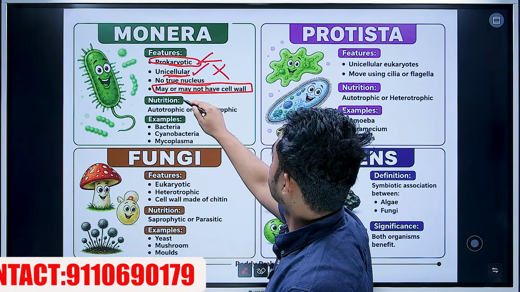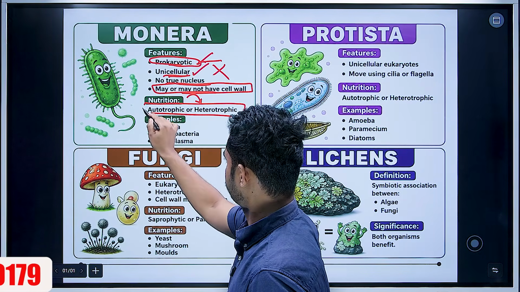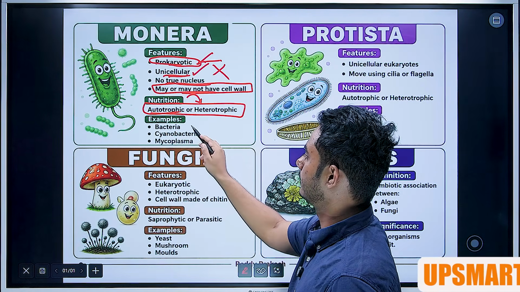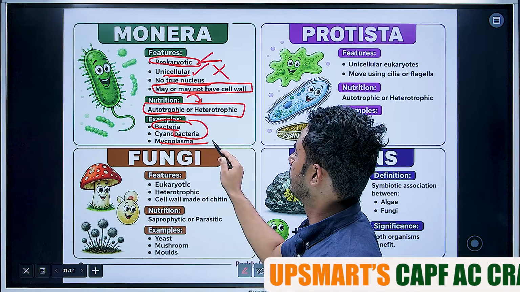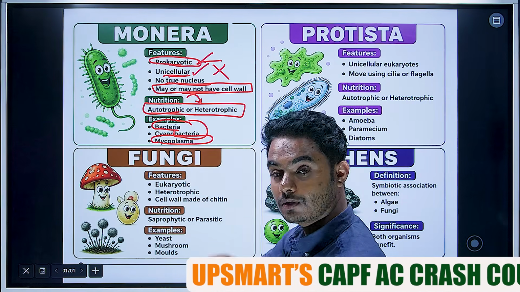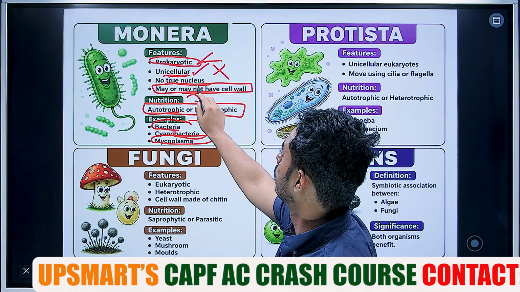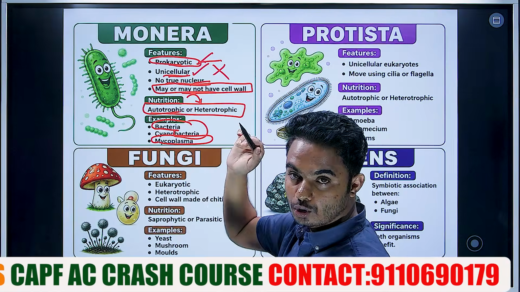So the nutrition of Monera will be autotrophic or heterotrophic. It can be either. And examples, I told you, are bacteria, majorly, and the other one is mycoplasma. Monera: prokaryotes, unicellular, no true nucleus, cell wall may or may not be present, can be autotrophic or heterotrophic.